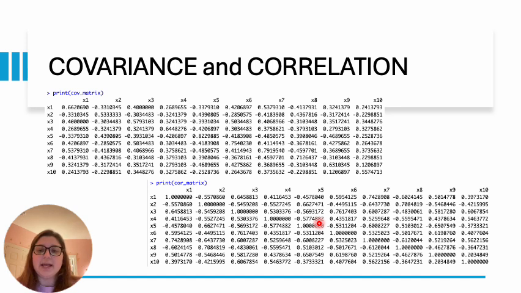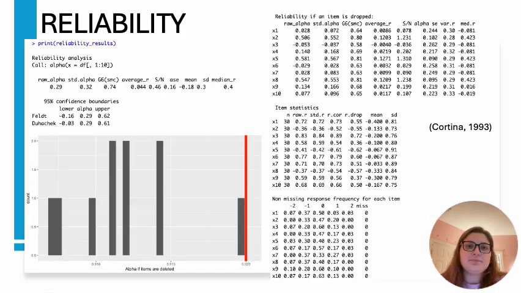For example, with x6 and x3, there's a bigger number of 0.761, which means there's a stronger positive correlation than x1 and x3 had. And just to give an example of a negative correlation, x8 and x10 have a correlation of negative 0.364, meaning that it's a weak negative correlation because it's a smaller number.